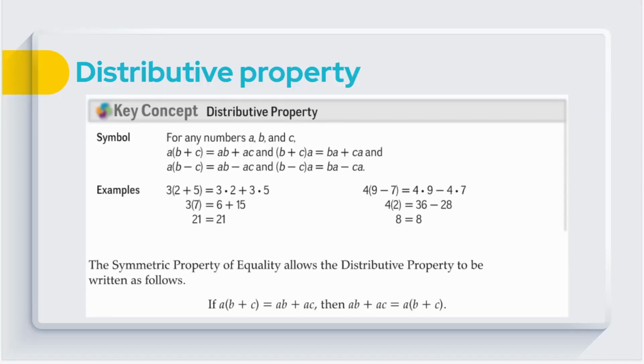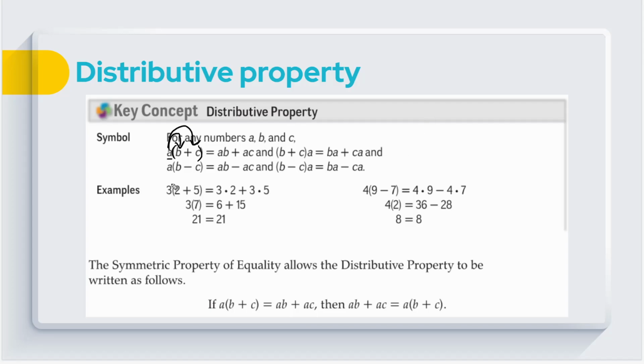So, what is the distributive property? Well, pretty simple. If you have a number like A that's being multiplied by a grouping of two things that are added or subtracted, then you can just distribute the number.